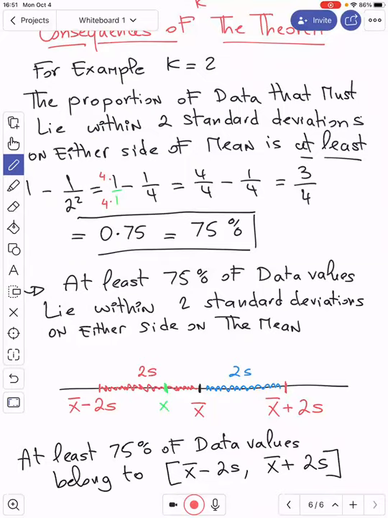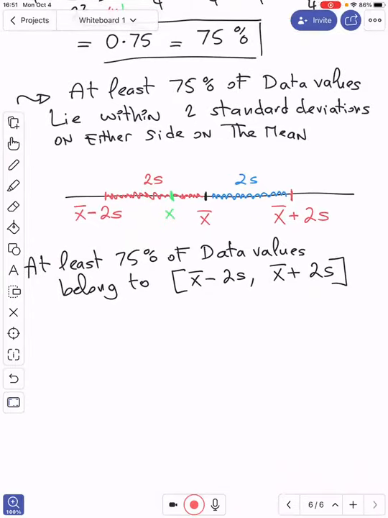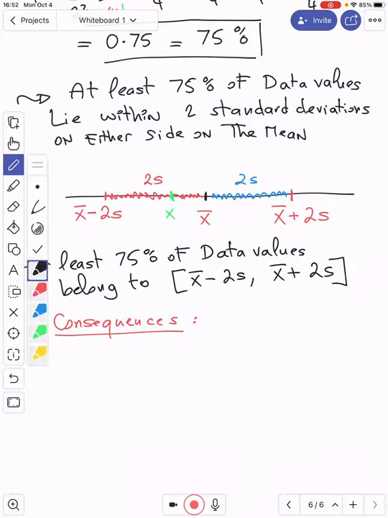But this is the case when you get the 75% when k is 2, right? You can do the same thing with k equal to 3, k equal to 4, etc. So what you need to keep in mind from this theorem, guys, is the following consequence.